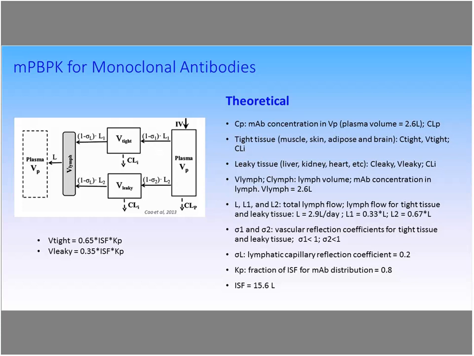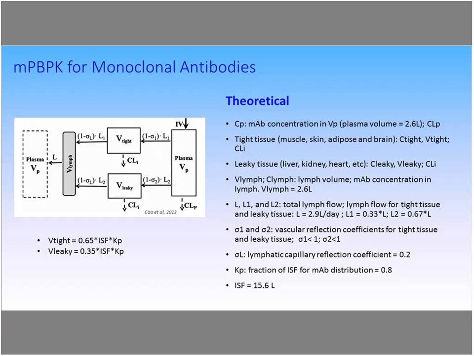And the convective uptake from plasma space to the tight tissue equals the lymph flow rate to the tight tissue, L1, times 1 minus the vascular reflection coefficient for the tight tissue, sigma 1, and similarly for the leaky tissue.